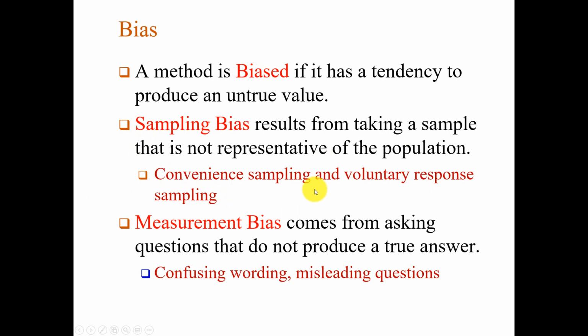And then measurement bias comes from asking questions that do not produce a true answer. So confusing wording, where this question could be like a paragraph long. I mean, not everyone's going to read that, and they might just answer yes or no because they don't want to read it. Or misleading questions, like, are you in favor of a fat tax?